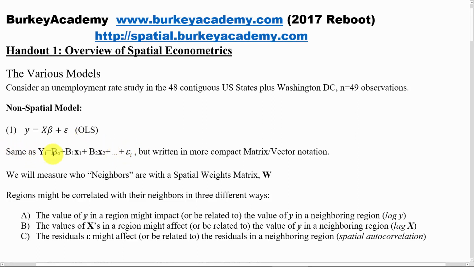Now, this is one way that you might be more familiar with seeing these kind of linear models written. We're going to stick with the matrix vector style because it's a lot more compact notation.